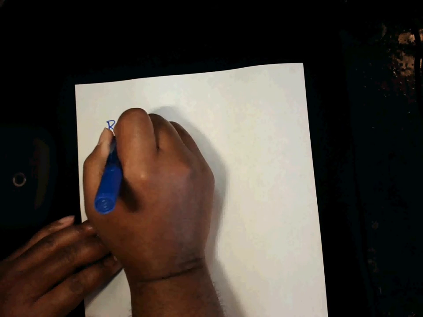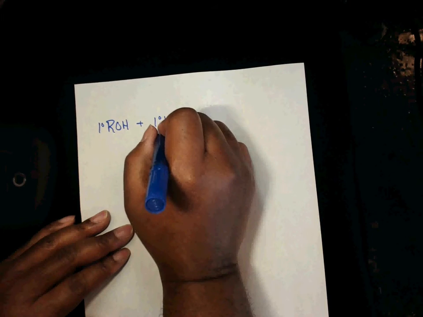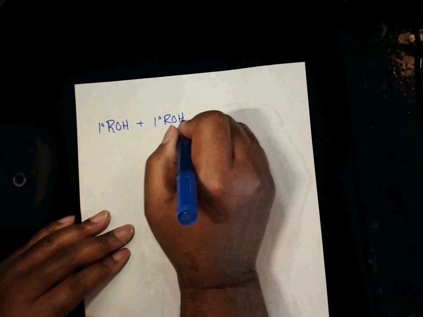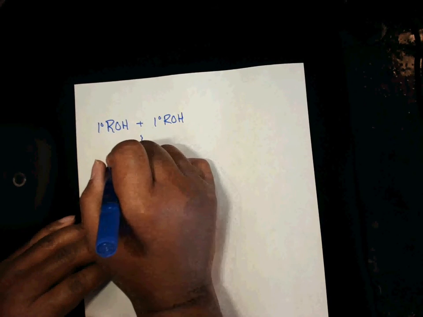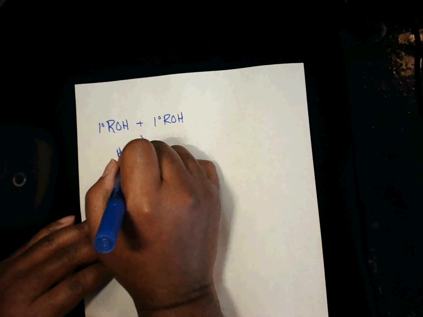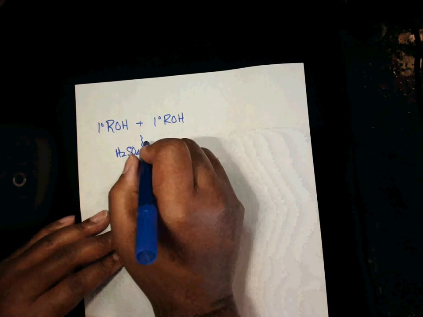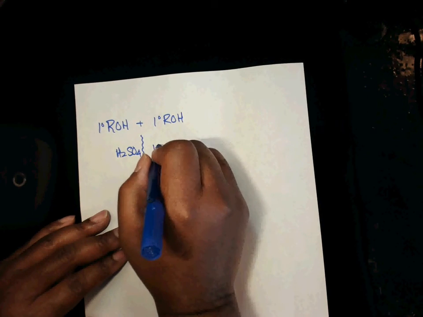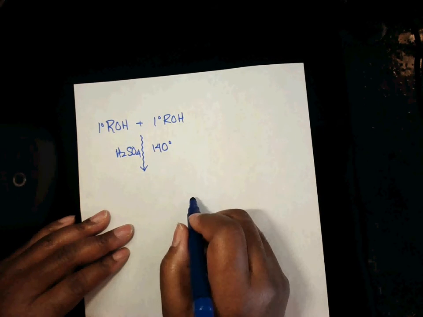So, in order for two alcohols to form an ether, I need a strong acid catalyst such as sulfuric acid or phosphoric acid. I also need lower temperature.